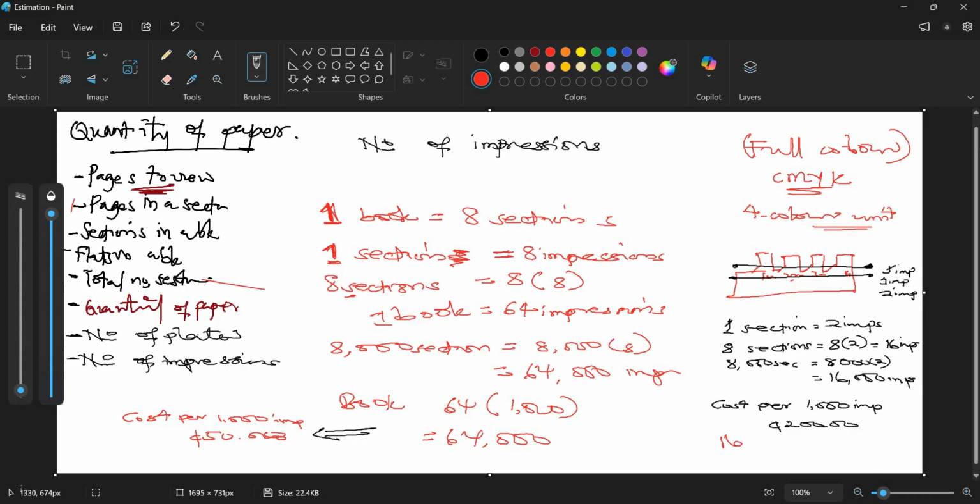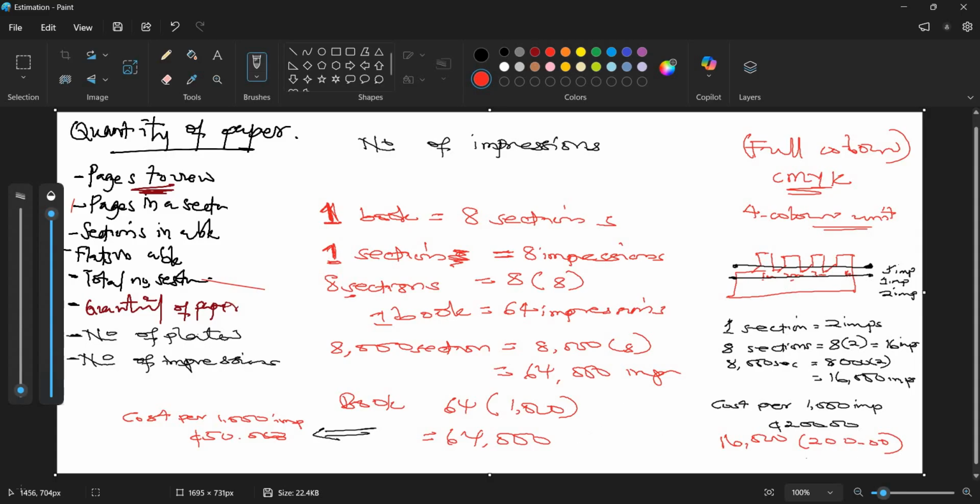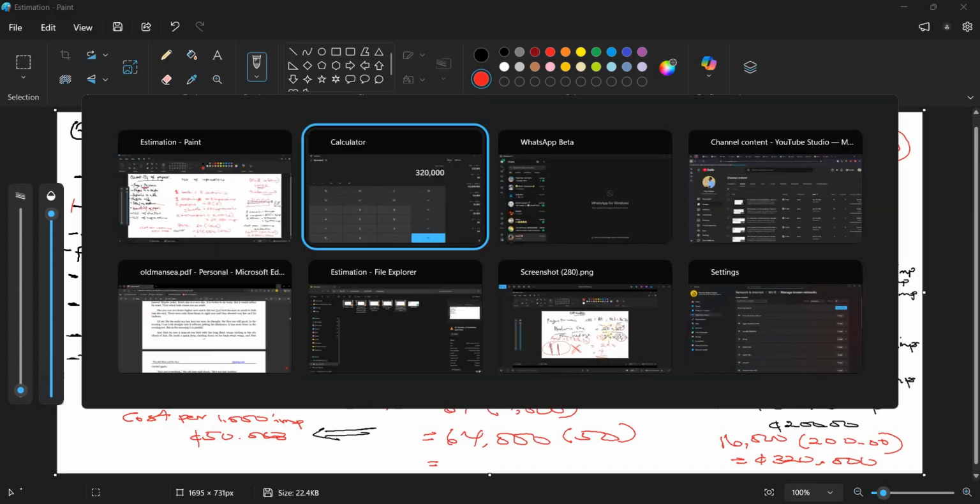Now how do we have here? We have 16,000 impressions, then we multiply it by 200. So 16,000 times 200, then we have 320,000 Ghana cedis for impressions. That's the cost. So here too, we multiply our 64,000 by 50 cedis.